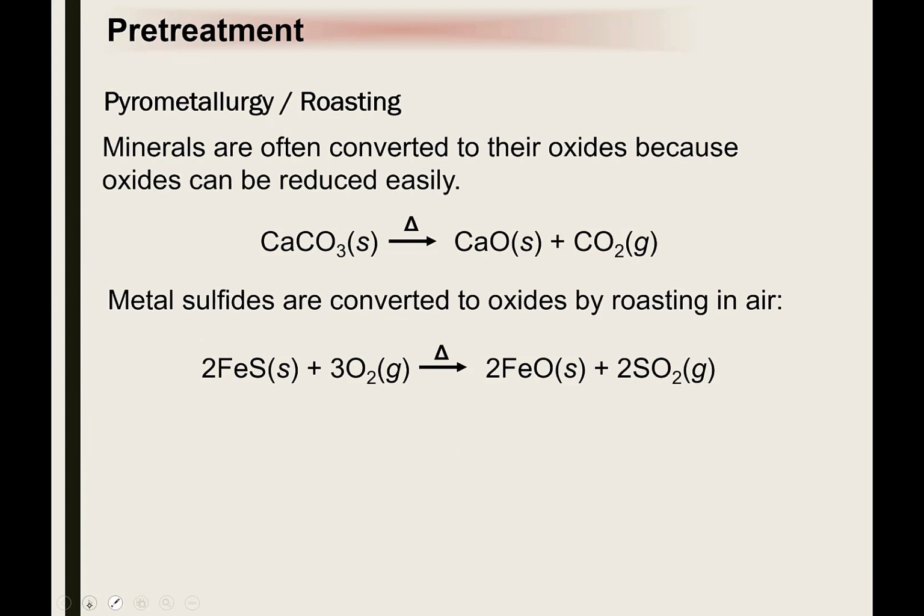That includes converting the ore to a certain compound of the metal of interest, and that can be achieved using two techniques. First, pyrometallurgy, or sometimes called roasting, in which the minerals are converted to oxides specifically, because oxides are much easier to reduce, and that can be achieved by just heating up the ore.